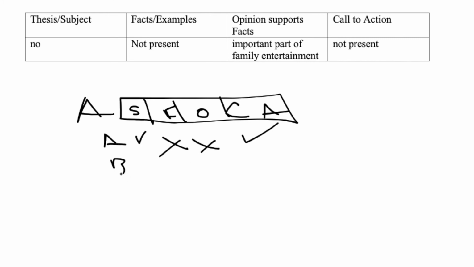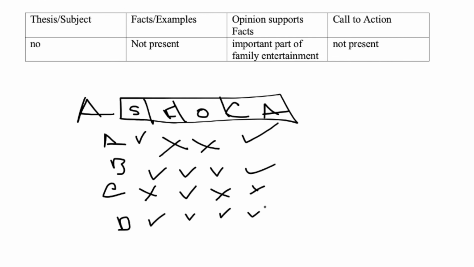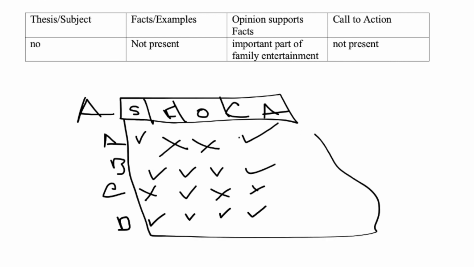Option B will be yes, yes, yes, yes. And then C, no, so they can follow the chart and then decide which one is the best summary. So this is a great way of having the students do something on paper about that question, and then learn this and make sure they answer the summary questions as best as they can. So good luck, and that's all I have for now.